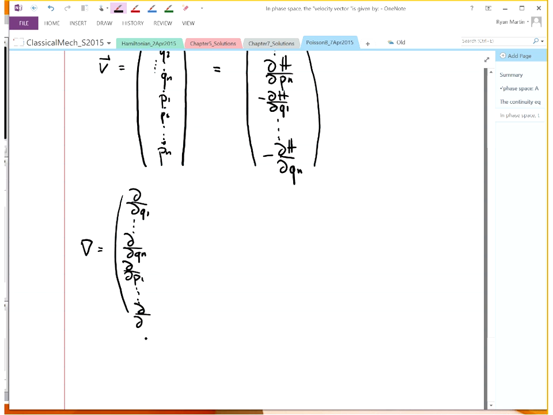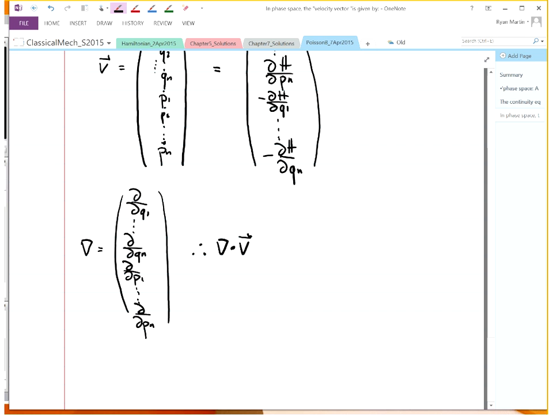Then the next set are ∂/∂p1 all the way to ∂/∂pn. So it's a bit messy looking. My coordinates in this 2n-dimensional phase space are all the q's and all the p's, so when I want to do the divergence of something, I'll have to do ∂/∂ of all the q's and then ∂/∂ of all the p's. Okay? So let's go ahead and do it now.